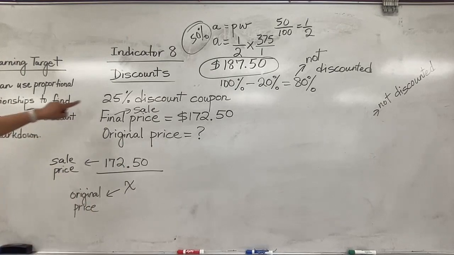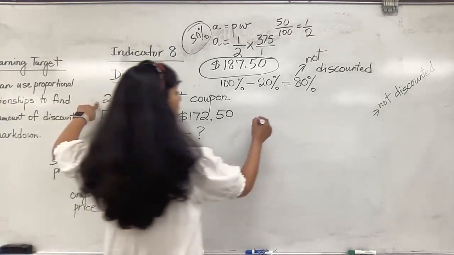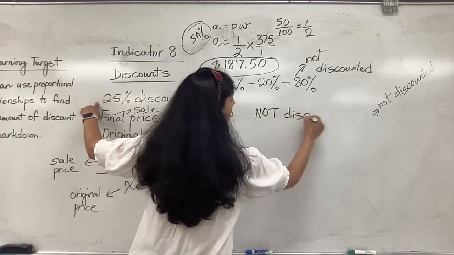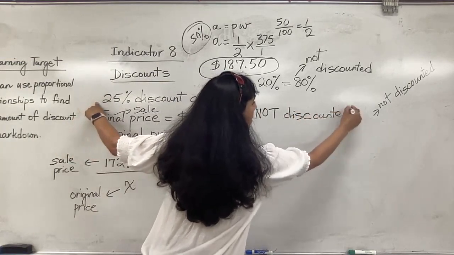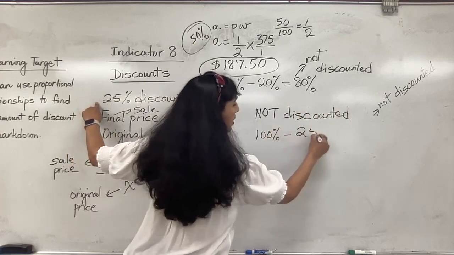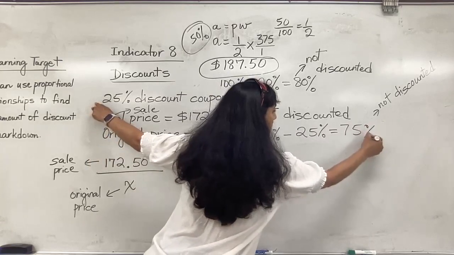So if 25% is discounted, what is not discounted? Not discounted would be my total amount, which is 100% minus the 25% gives me 75%.